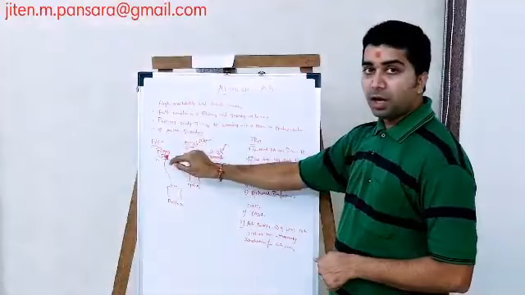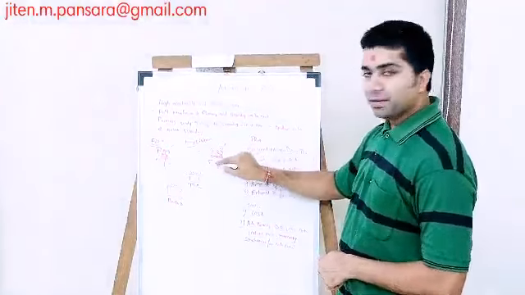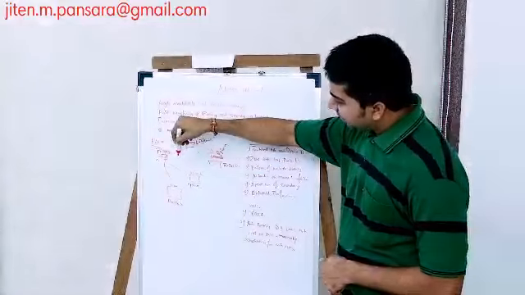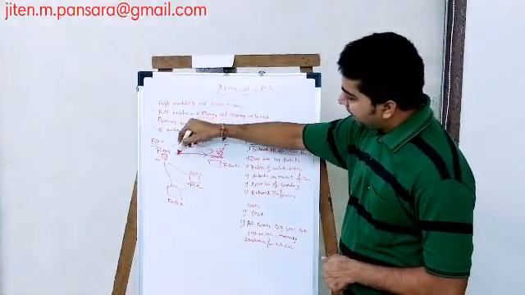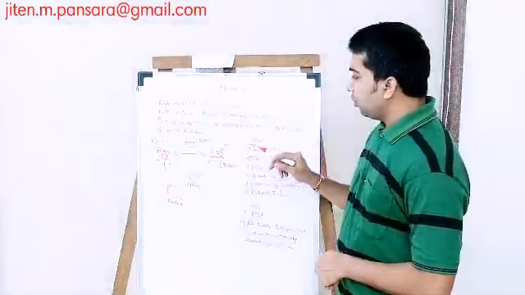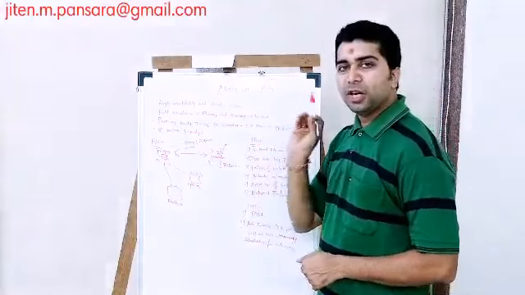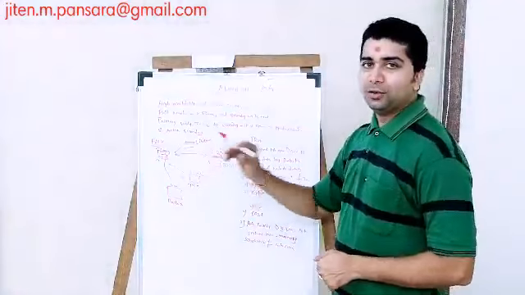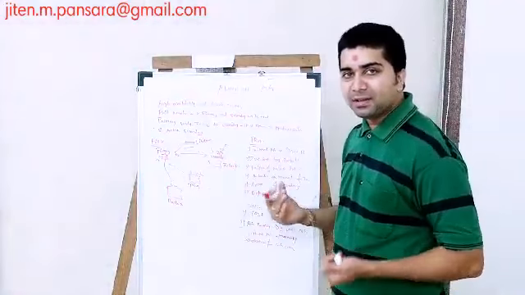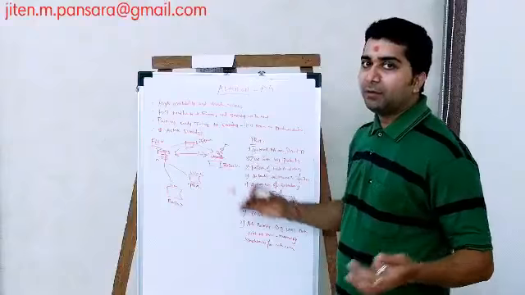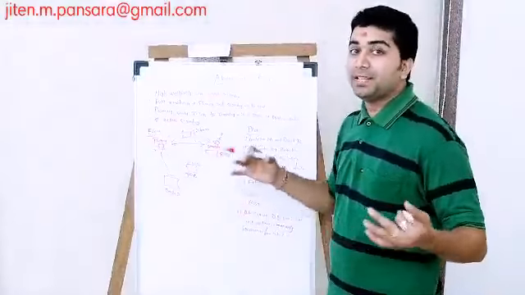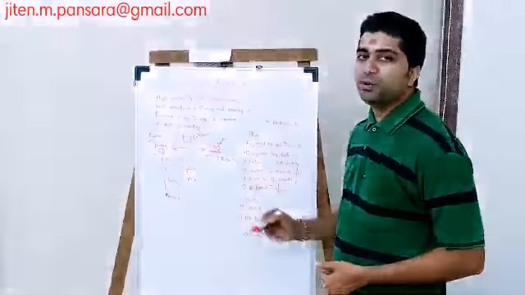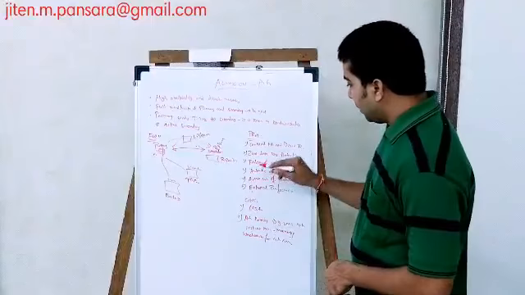When the primary is not available, it will convert your secondary to primary. There is a heartbeat mechanism: the secondary always checks with the primary, asking, are you available? If it does not get any answer, it assumes the primary is not available. Then it converts your secondary to primary.